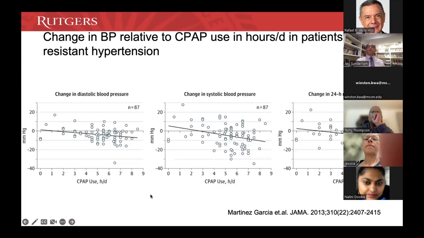And interestingly enough, in 2013, there was a meta-analysis looking at changes in blood pressure in response to CPAP. The more adherent somebody was, the more likely there was a change in both diastolic blood pressure and mean arterial pressures in subjects.